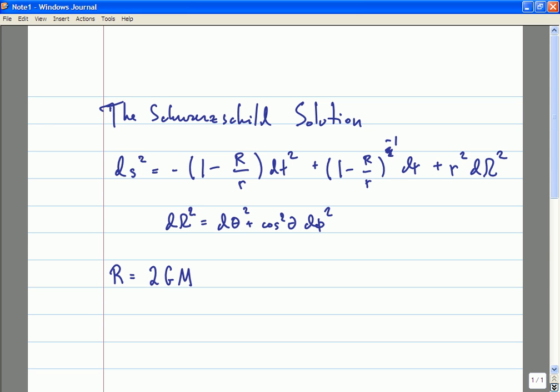And so two of the three classic tests of general relativity are tests of solar system physics. The first test is a test of the effects of general relativity as a modification of the planetary orbits. And the second is a test of the motion of light as it passes near the sun. And so it is that first test that we are going to focus on today.